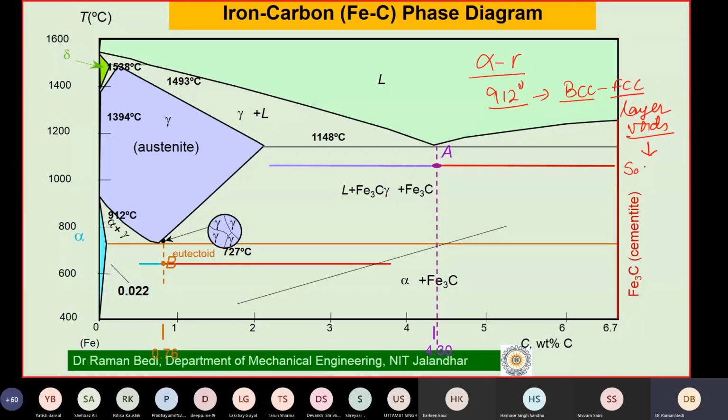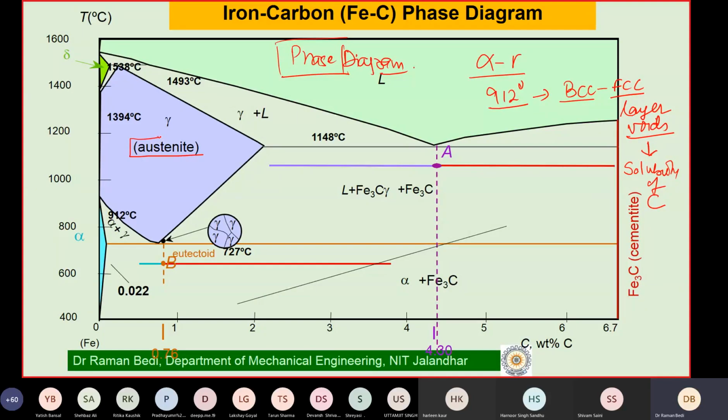So that is why the solubility of carbon increases. This is just a phase diagram. We will talk about these phase diagrams in detail when I go to the iron carbon system. This is just to give you an idea of what I'm referring to.